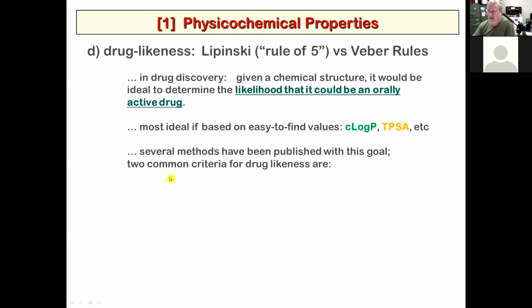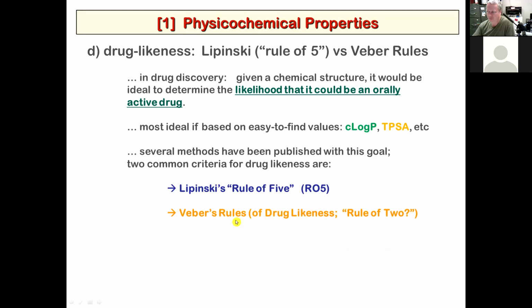And there's a couple of these methods. Lipinski and the Weber are among several. There's not just two, there's probably like 5 or so. Rule of 5 though is one of the first ones that's still used a lot today.